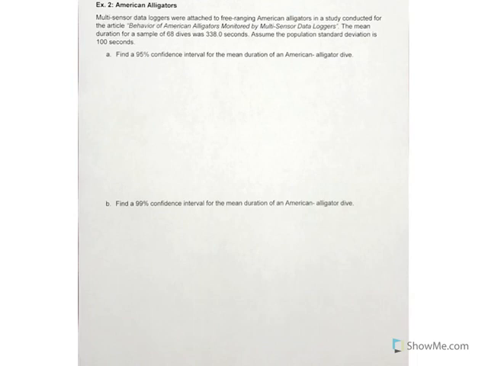So we know we're dealing with a sample of 68 dives, and the mean of those dives would be 338 seconds. And it tells you that the population standard deviation is 100 seconds. So on A, we're doing a 95% confidence interval. So let's plug in.